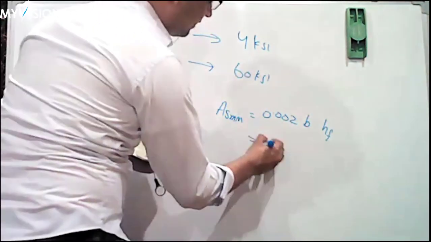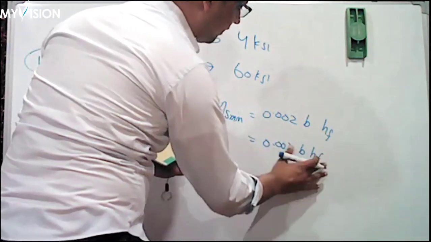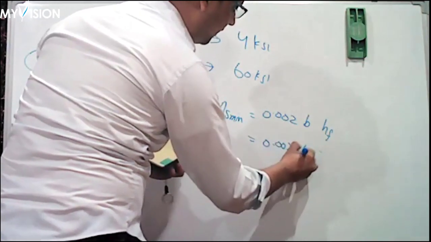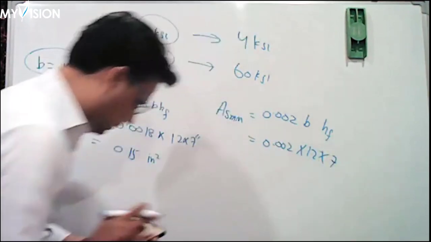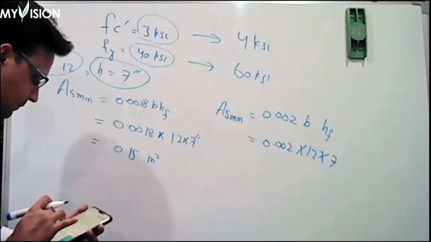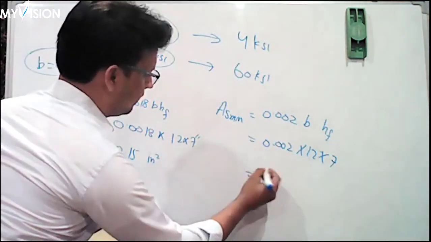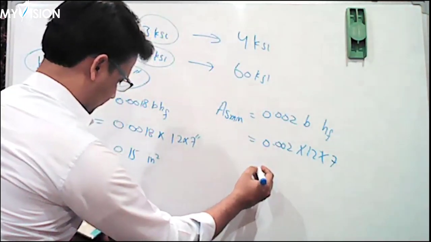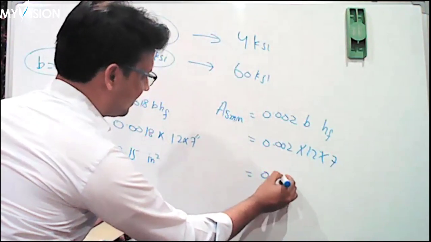And for 0.002 BHF, multiplied by 12 multiplied by 7, this will give you the answer exactly 0.168.